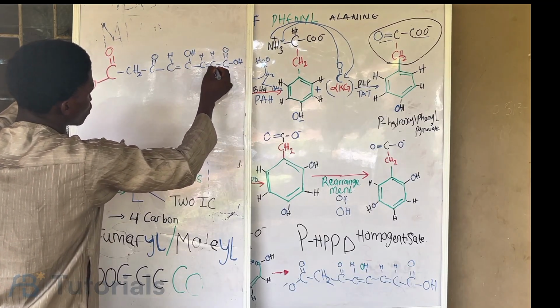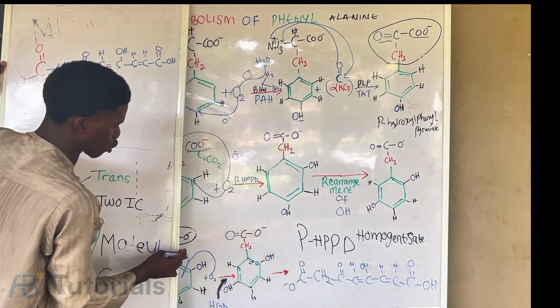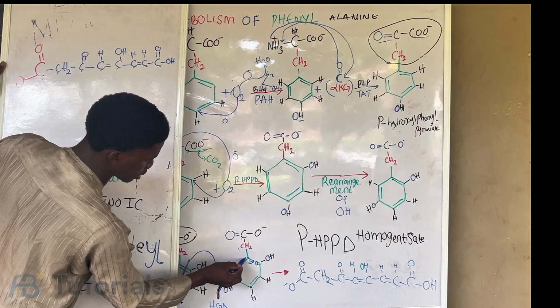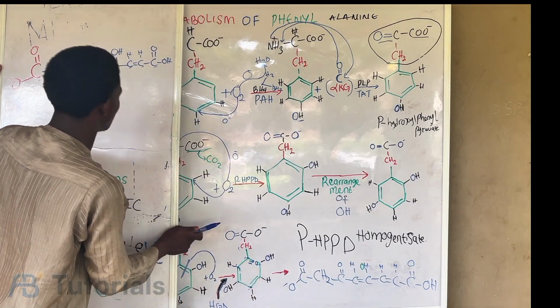So how many carbon do we have here? 1, 2, 3, 4, 5, 6, 7, 8. How many carbon do we have in this compound? 1, 2, 3, 4, 5, 6, 7, 8. I hope that is clear.